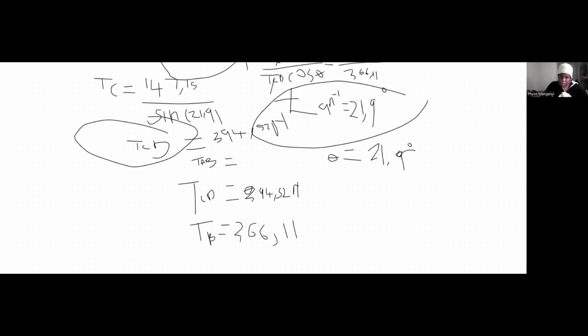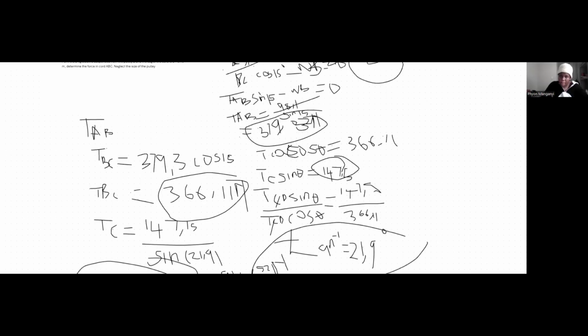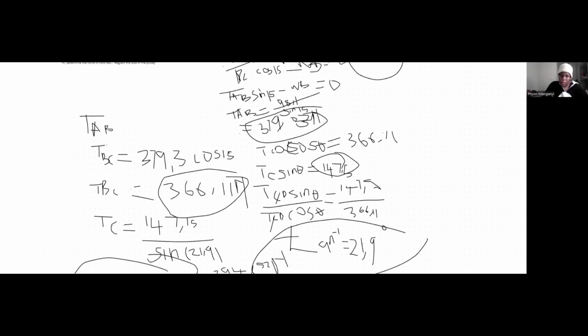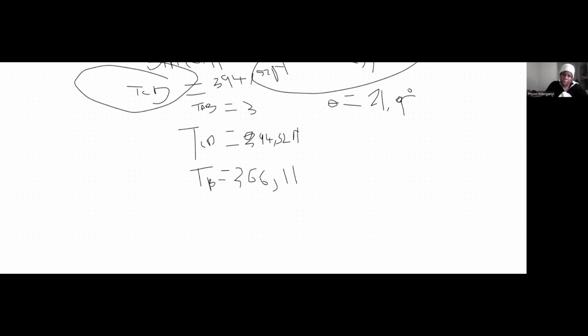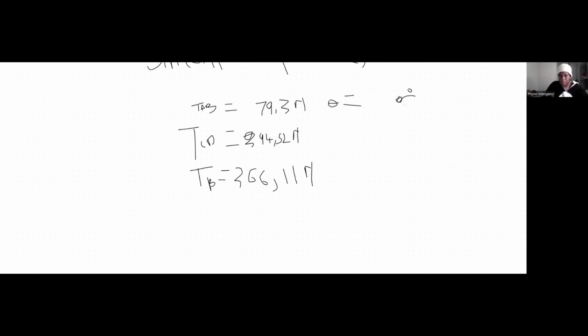So our TAB is 379.3. Let me erase this and write this again, so I want you to see it properly.